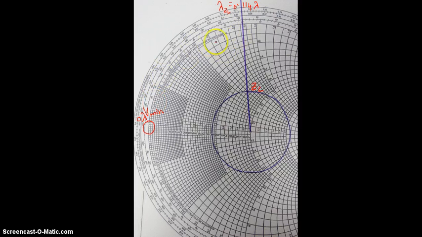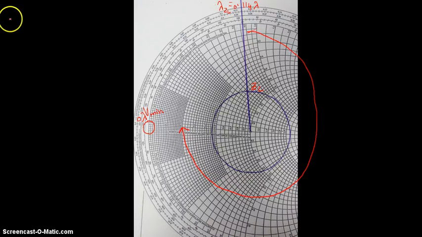If I have to find the distance of first L minimum, I have to calculate the distance from the load to the first minimum. So I will always move clockwise. From the load, which is at 0.114 lambda, I will start moving clockwise till I reach my Vmin.